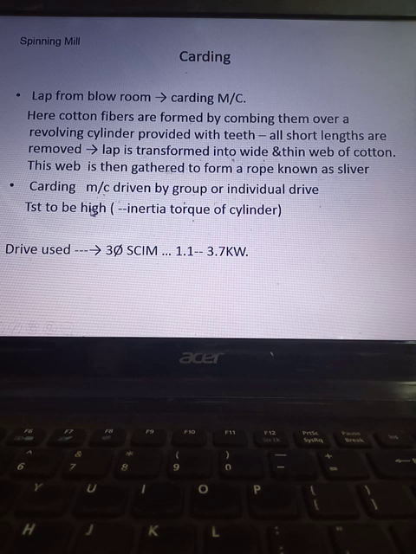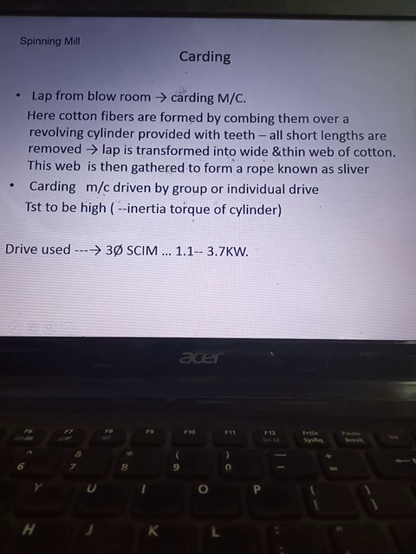This carding machine is driven by group or individual drive. It requires a rather high starting torque because that cylinder with the teeth has a high inertia. And for this process, the drive used is a 3-phase squirrel cage induction motor with a rating of about 1 kilowatt to 4 kilowatts.